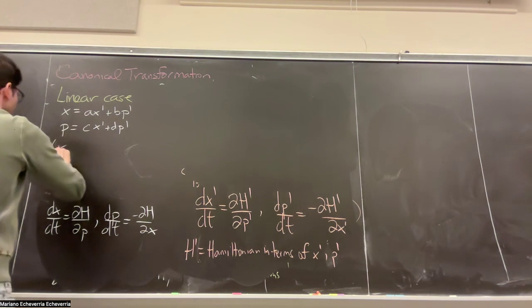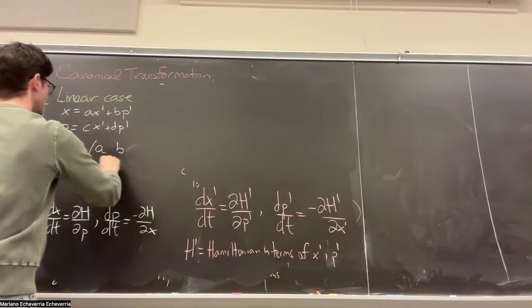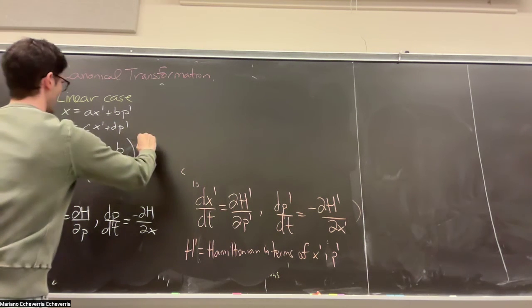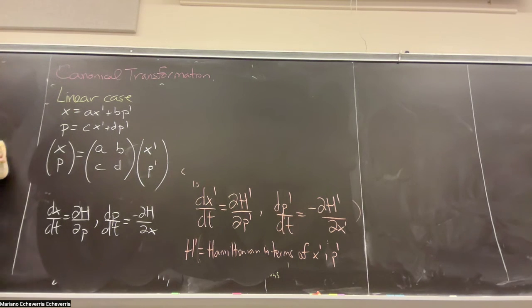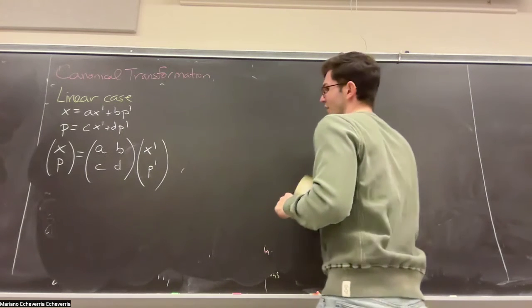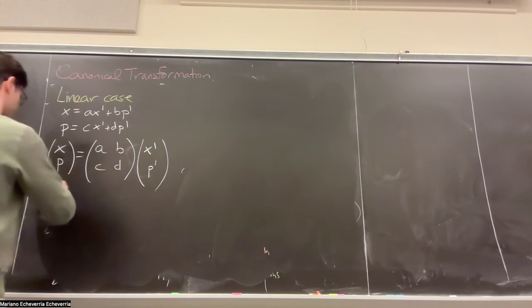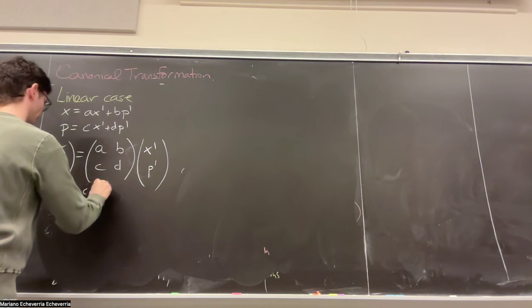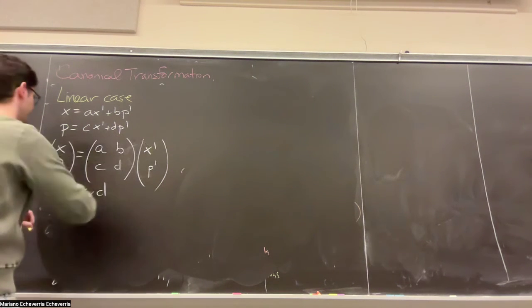In matrix notation, this is the matrix (a b; c d) times (x prime, p prime). The way the variables are related is just a linear matrix, and we'll think of a, b, c, d as actual constants, they don't change from point to point in space.